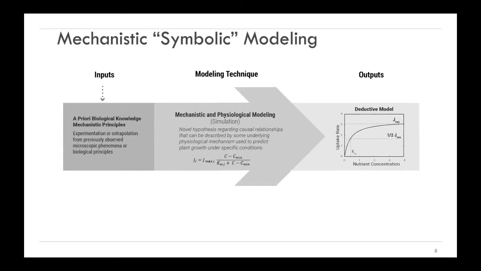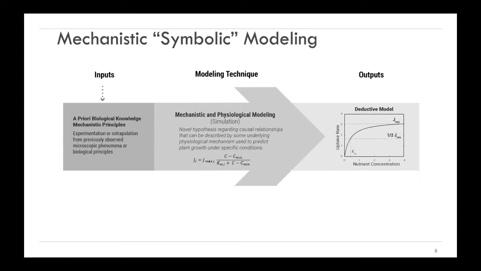I won't get into too much detail, but the basic concept is if we change the concentration of the nutrients that we're applying to the plant, we have an outcome where we change the uptake rate of nutrients. So this is a model where we understand the physiological phenomenon. We can make a predictive estimation or approximation for what will happen when we change the inputs. And this is a deductive model, an example of deductive modeling.